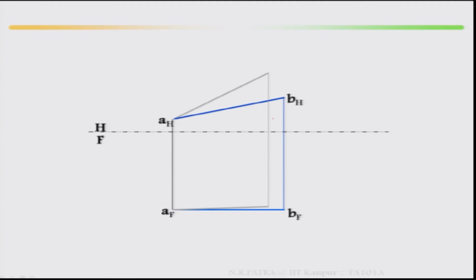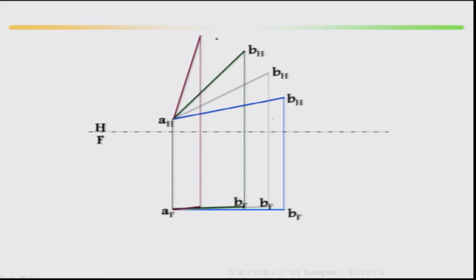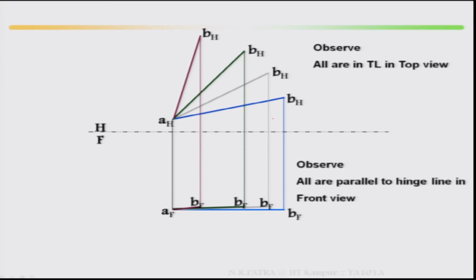Now, look at the line. Similarly, all these lines are parallel to the hinge line in the front view. I talked about lines parallel to the hinge line in the top view. In this case, all are parallel to the hinge line in the front view.